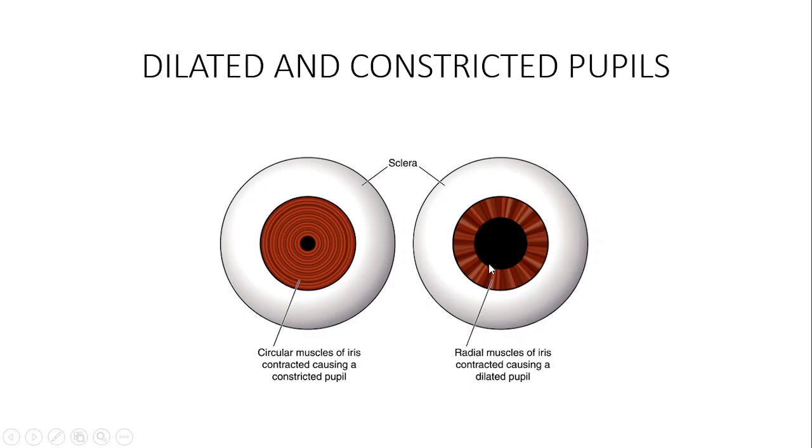Adrenaline produced by your body can act on the sympathetically innervated radial muscles and dilate the pupil. So when you are angry, any situation which increases adrenaline in you is capable of dilating the pupil.